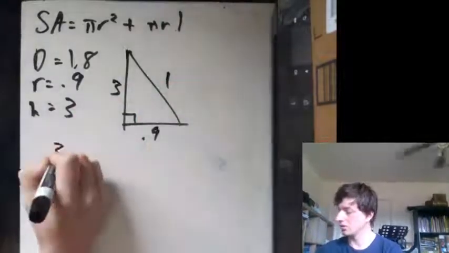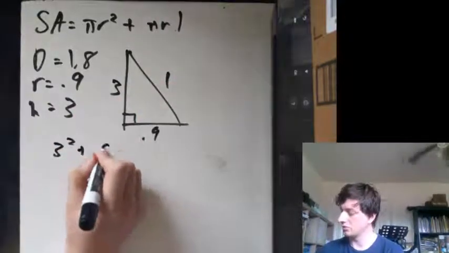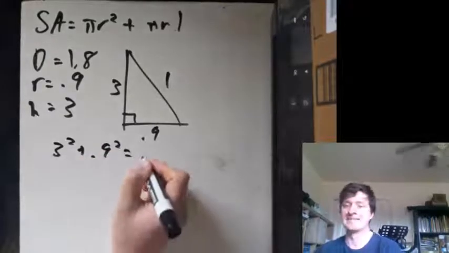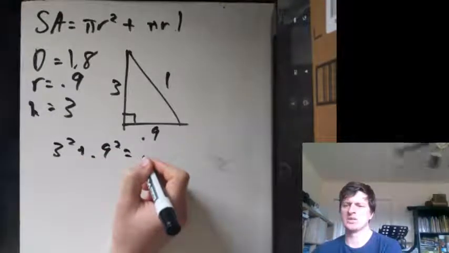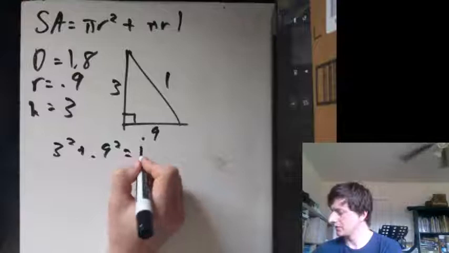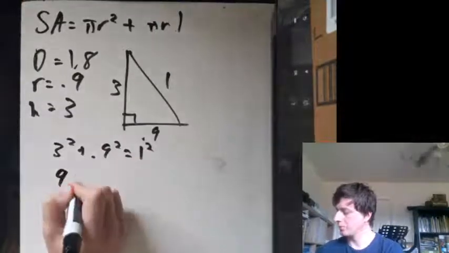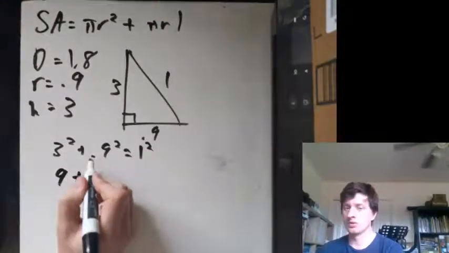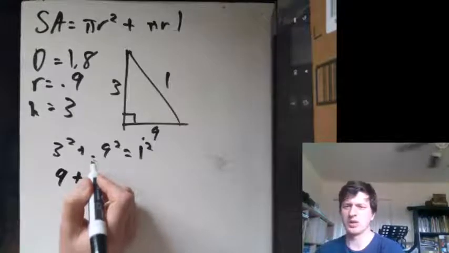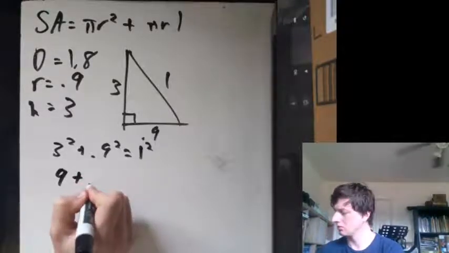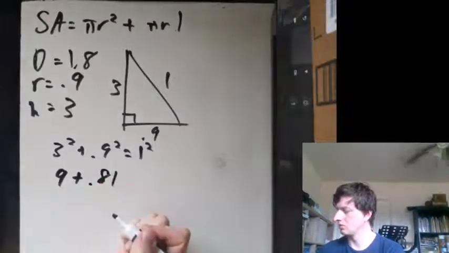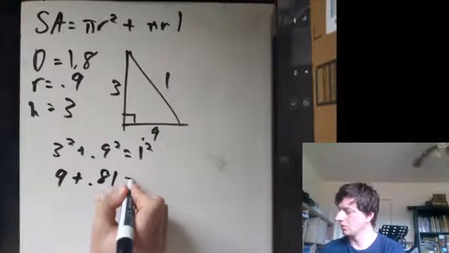So 3 squared plus 0.9 squared equals L squared. So we get 9 plus 0.9 squared, which is 0.81.